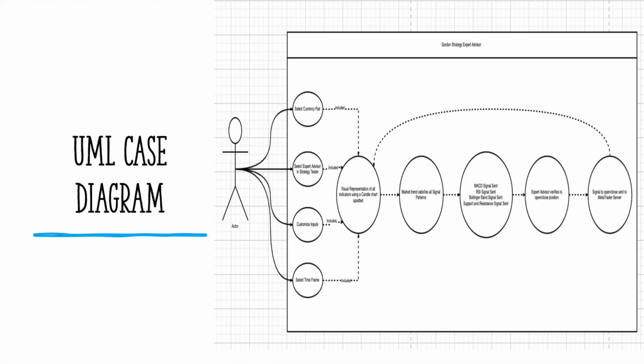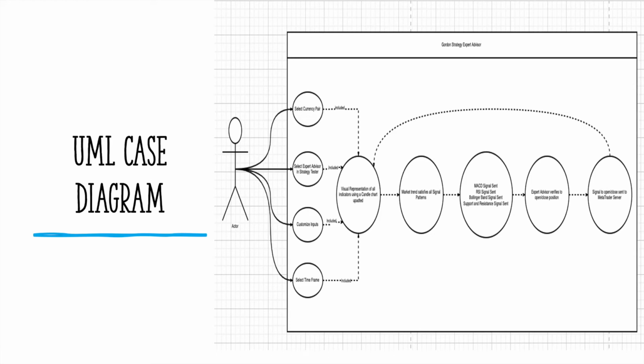The UML case diagram is similar to how I presented using the MetaTrader 5 application. However, just to go into more depth, when you start off the MetaTrader 5 application, you basically select an expert advisor, the currency pair you want to use the EA on, customize the inputs, and select the time frame to run it on.